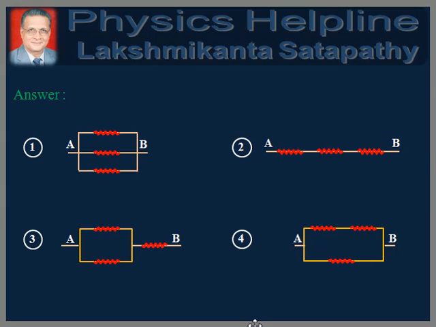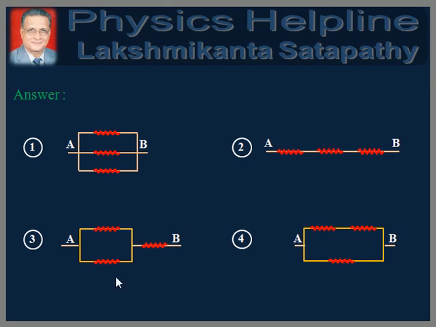Three equal resistances may be combined in four different ways as shown in the figure. In the first case, all the three resistances are connected in parallel. In the second case, we connect all the three resistances in series.